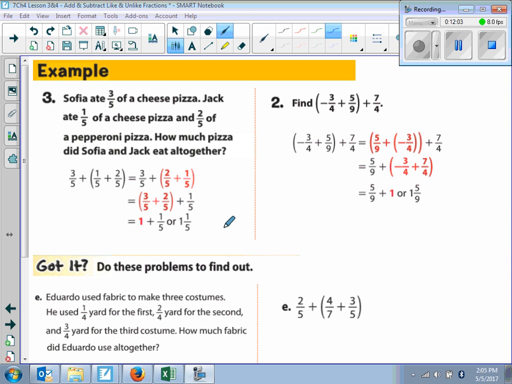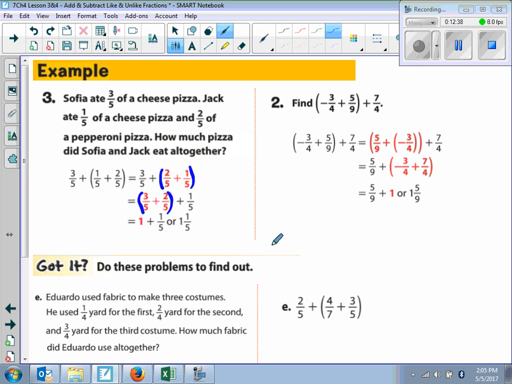Now, what's going on here? If we're looking at this first parentheses and comparing it to this next parentheses, do you see what they did here? They just flipped them, right? So they were using the commutative property of addition to flip them around. Does everybody see that? So now look at what's happening from this parentheses to this parentheses.